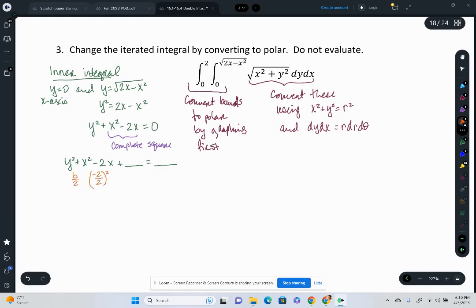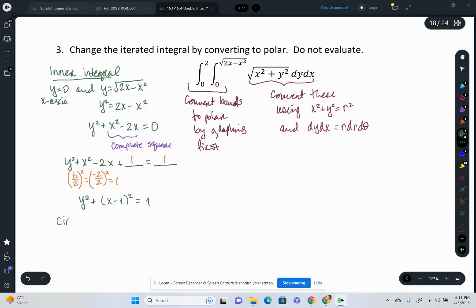Remember, that's b over 2 all squared that we're adding in. That just simplifies to be a 1. So I'm going to add 1 to both sides of the equation. Then on the left side, this becomes y squared plus x squared minus 2x plus 1, which factors to be x minus 1 all squared, and this is equal to 1.